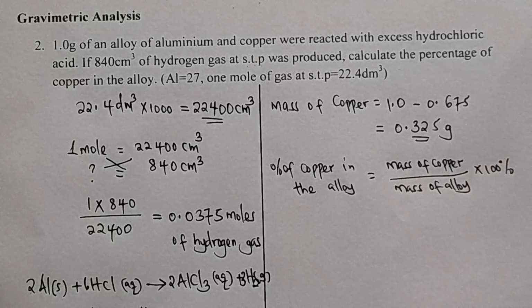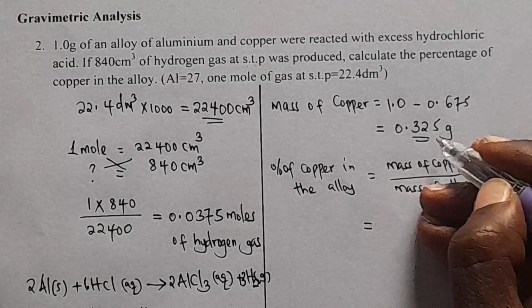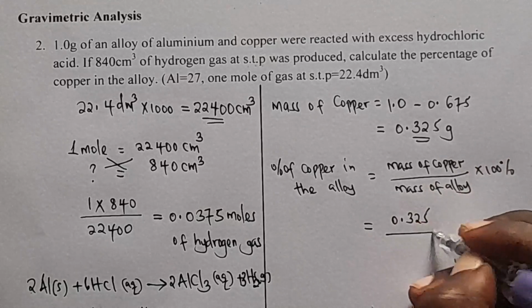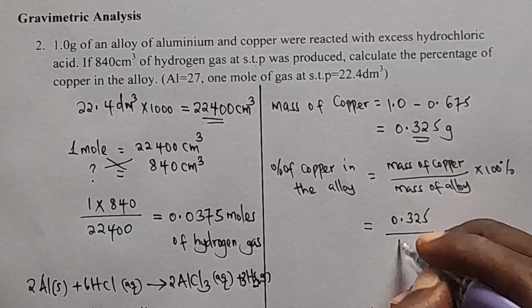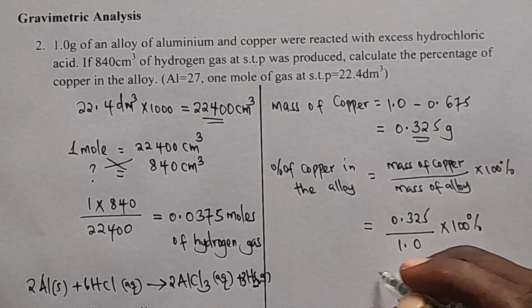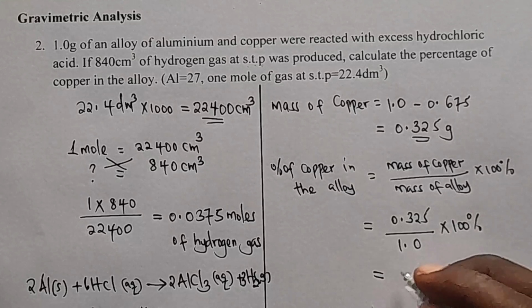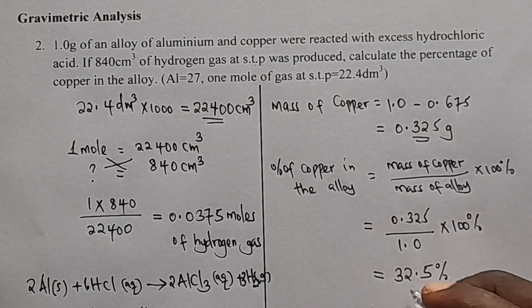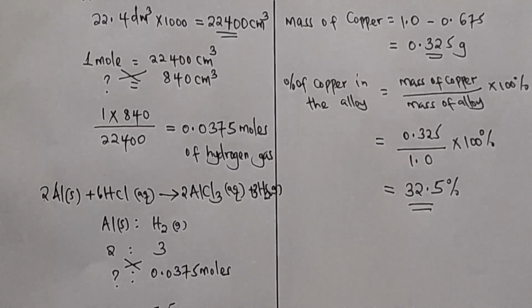That's how we are going to use. So what is the mass of the copper? 0.325 divided by the mass of the alloy, which is 1.0 times 100%. So here we are going to get 32.5%.